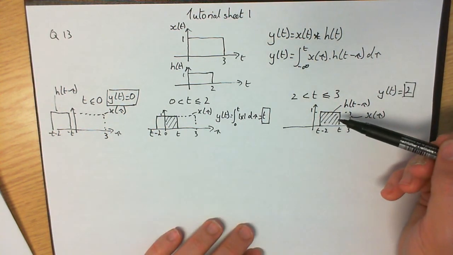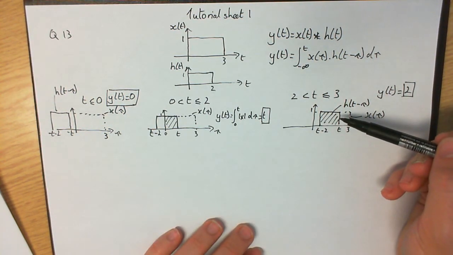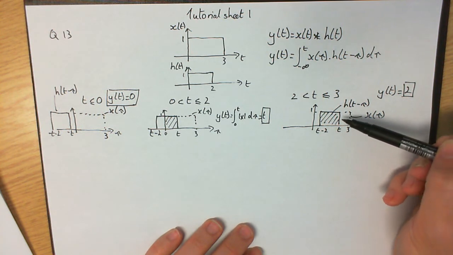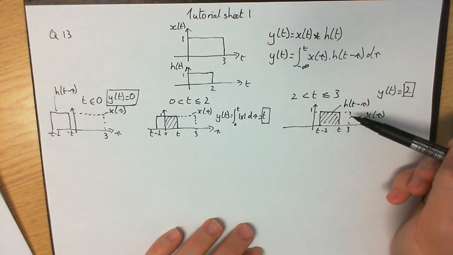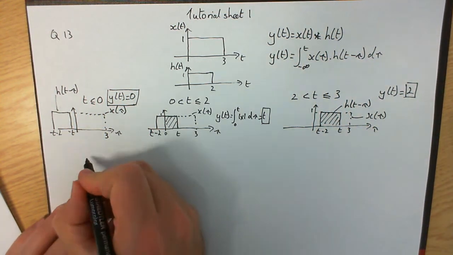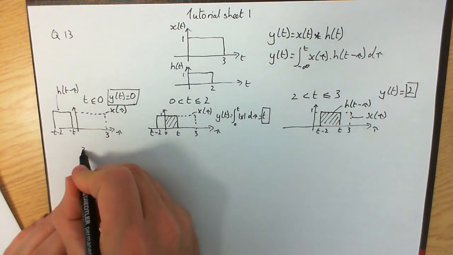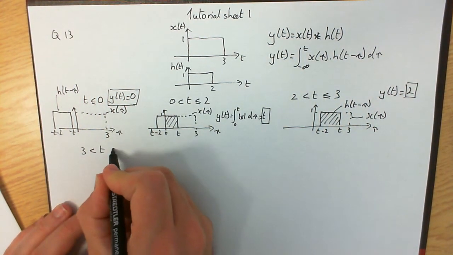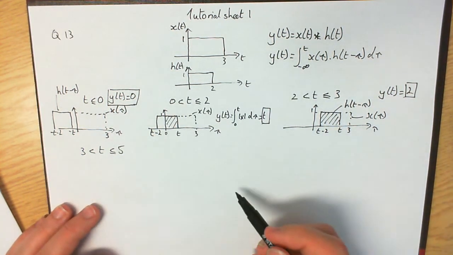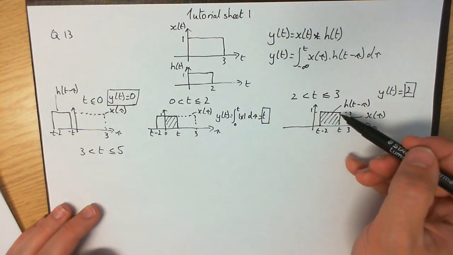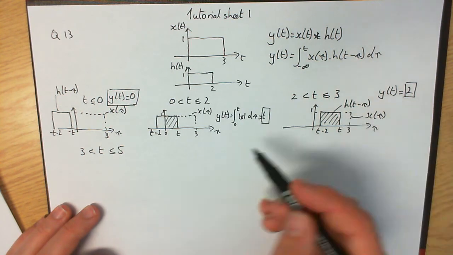The next region is when t goes beyond 3. In other words, this leading edge comes outside x of tau. So the next region is when 3 is less than t is less than or equal to 5. In other words, the trailing edge is still inside this function.